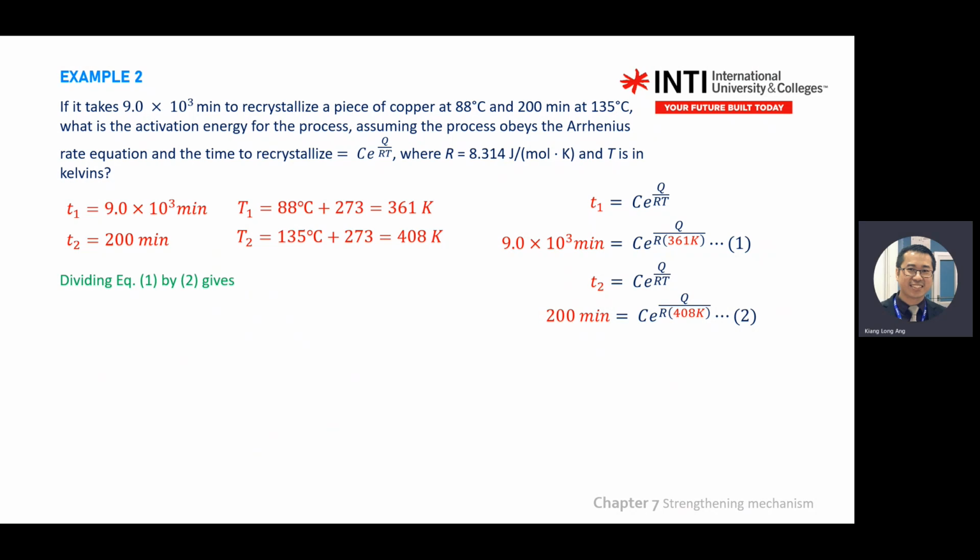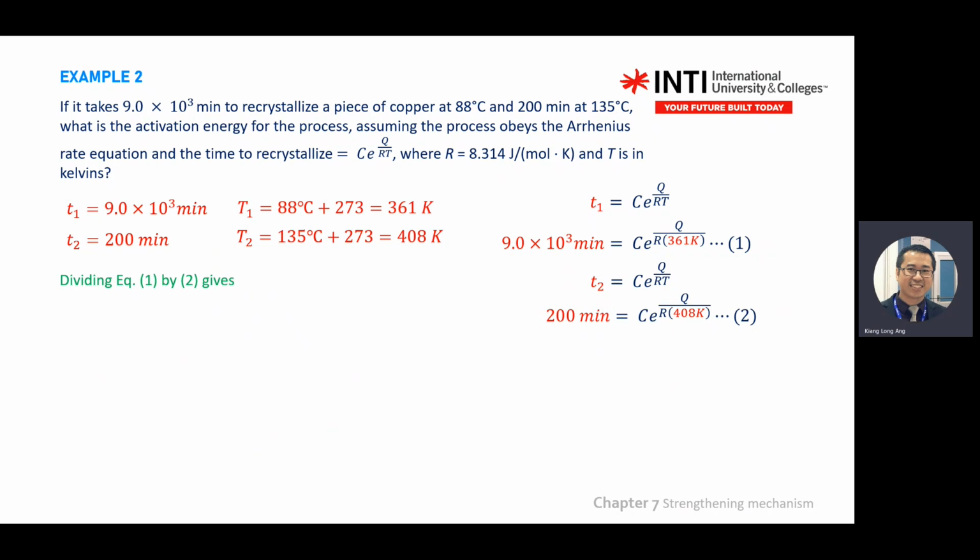You change the T into Kelvin. You do the same for the second case, which is 200 minutes. So the t you put in is 200 minutes. Then you change the temperature into Kelvin. 135 Celsius equal to 408 Kelvin.